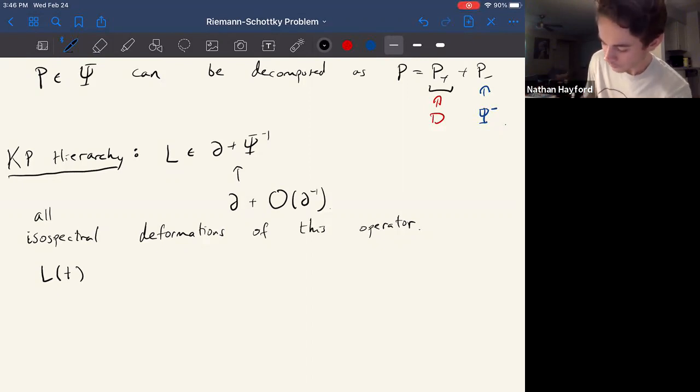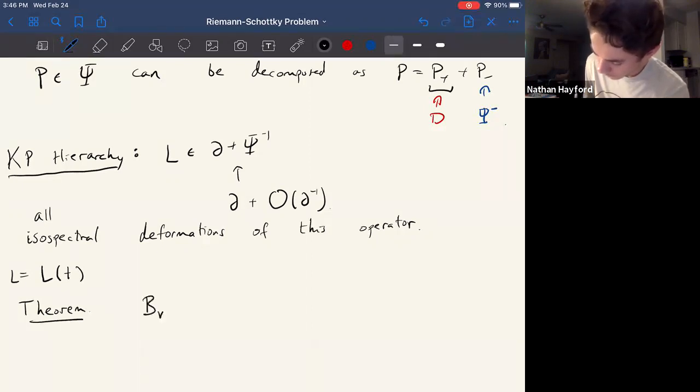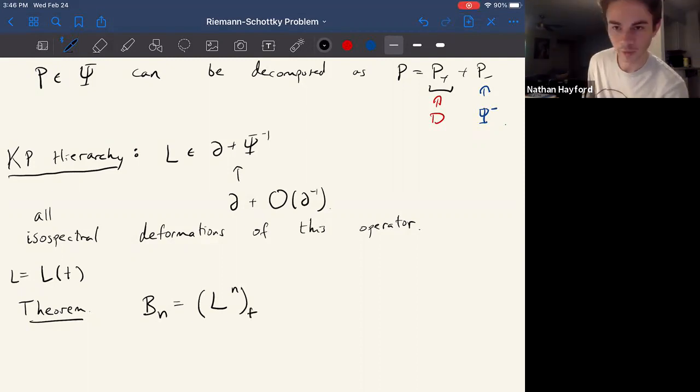So L is L of t, and a theorem is that if I define the following operators, bn's, which are L to the n. So I take L, I take n powers of it, and then I project into the plus subspace, the purely differential subspace.